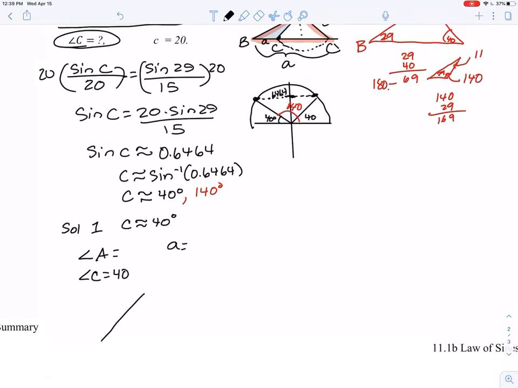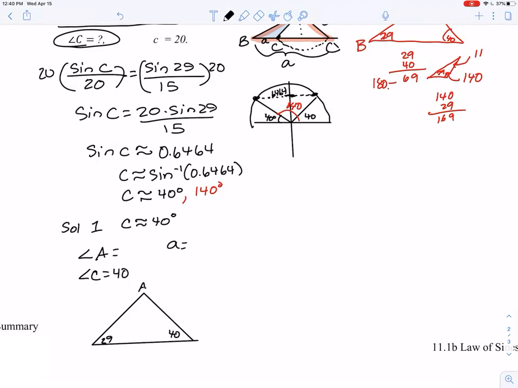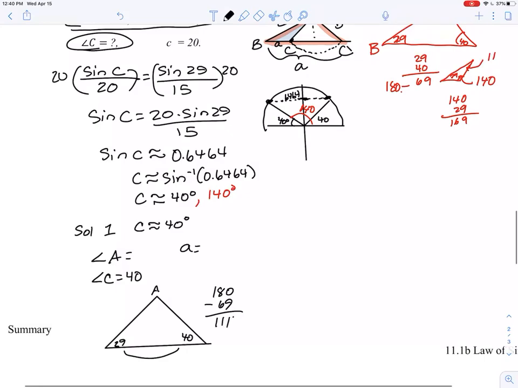So if I were to draw this picture here just to look at it, here's 29, and over here is going to be 40, and here's angle A, and we need to find that measure there. So we do 180 minus the sum of those, 69, and that would give us 111 degrees.